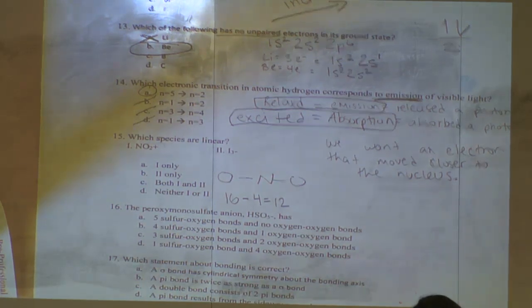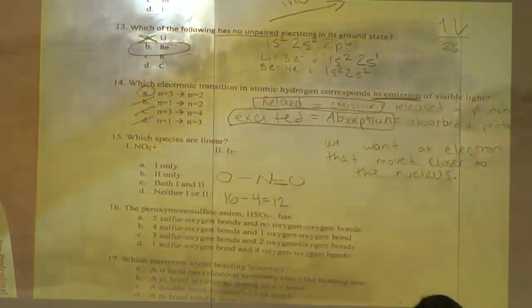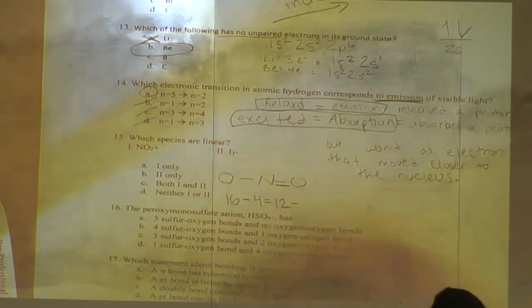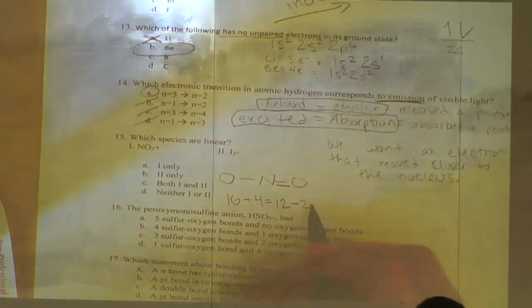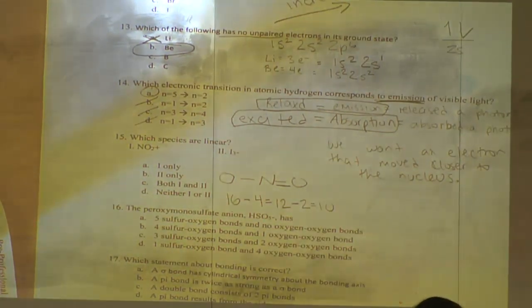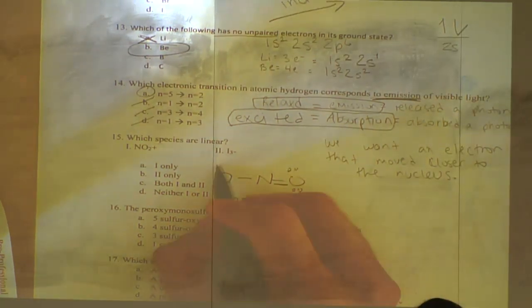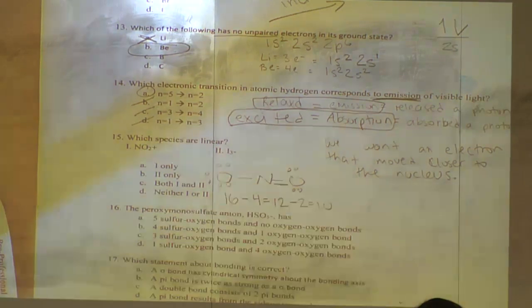So then we do want to make a double bond or 2. So let's try making 1 double bond here. And then if we go ahead and try to fill everything's octet, we just use 2 electrons to make that bond. So we have 10 left. So if we try to distribute that, we would get 1, 2, 3, 4, 5, 6, 7, 8, 9, 10. We have none left over.